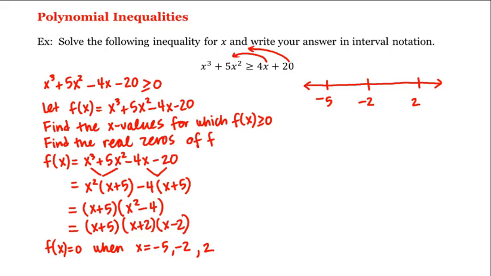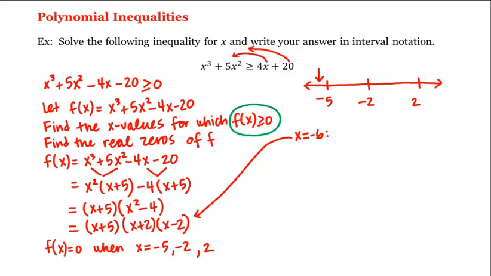So what we need to do now is choose a value from each of these 4 intervals and determine whether f is positive or negative on each of these intervals. And then we'll choose the intervals on which f is positive. So in this first interval here, we could choose x equal to negative 6, for example. And if we plug x equal to negative 6 into this factored form of f, we can determine the sign of f quite easily.